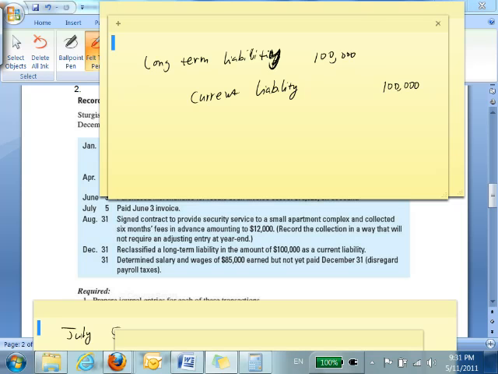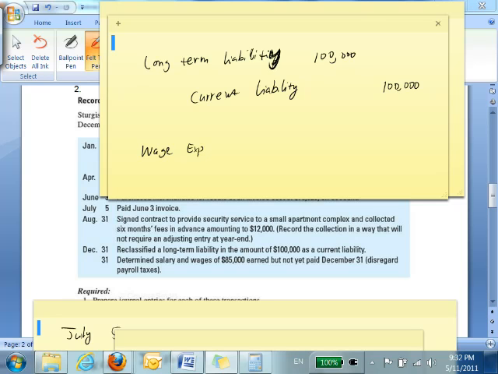Right? Another transaction on December 31st is determined salary and wages of 85,000 earned but not yet paid on December 31st. Disregard payroll taxes. Okay, so we have salary and wage expense increase 85,000, but not yet paid, so wages payable would increase by 85,000.